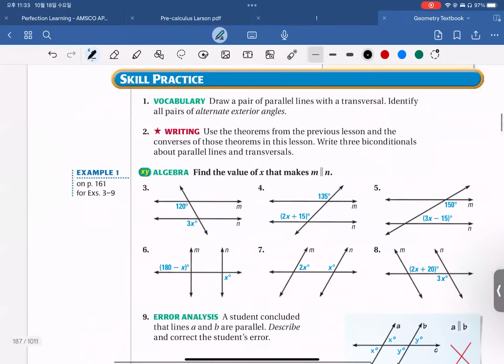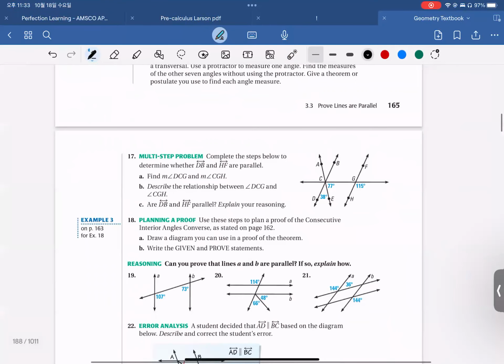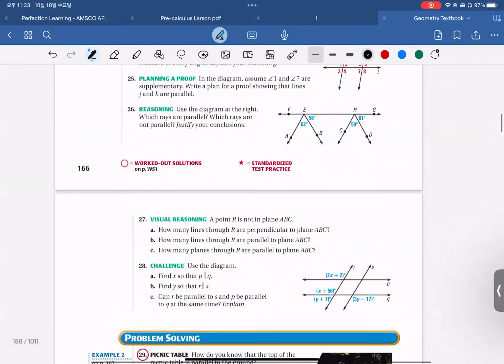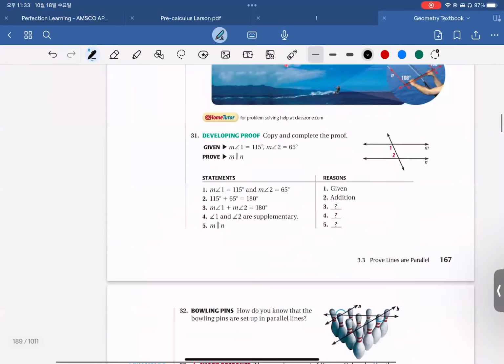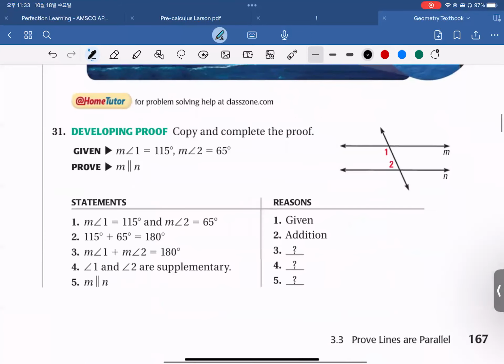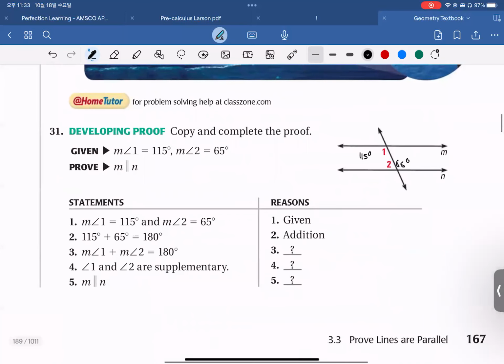Let's look at some proofs because I think everything else is pretty easy here. For example, 31. Copy and complete the proof. Measure of angle 1 is 115 degrees. Measure of angle 2 is 65 degrees. Prove that M and N are parallel.